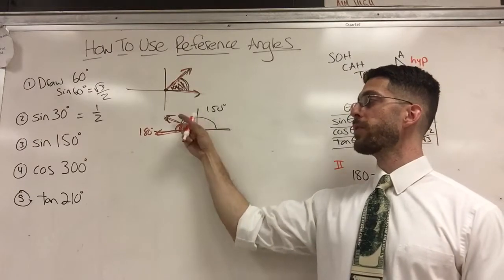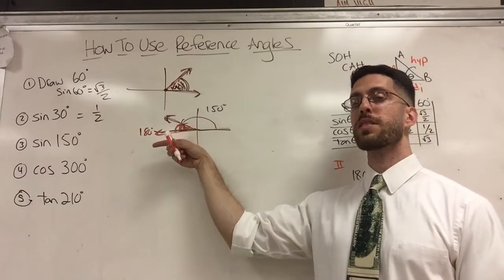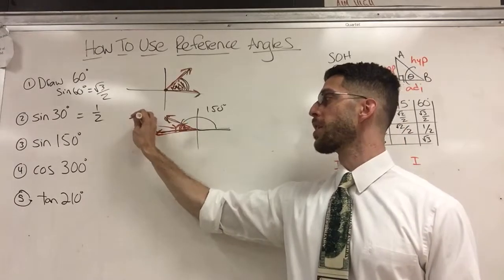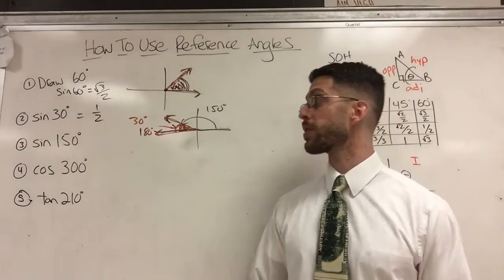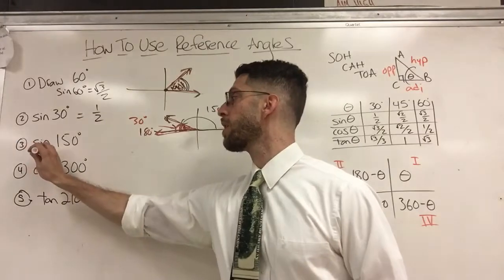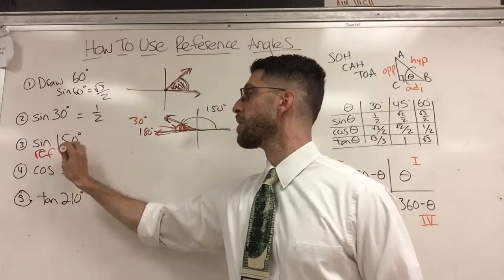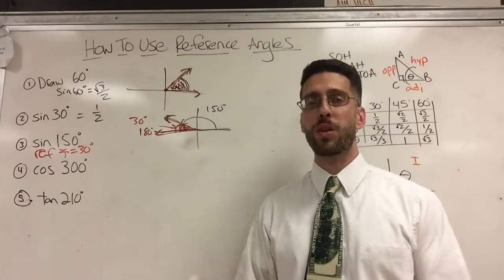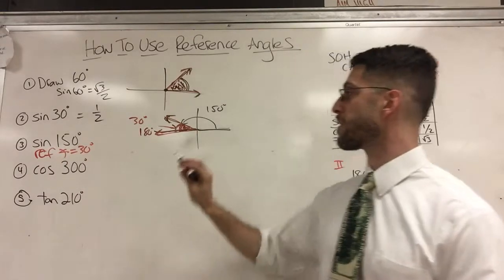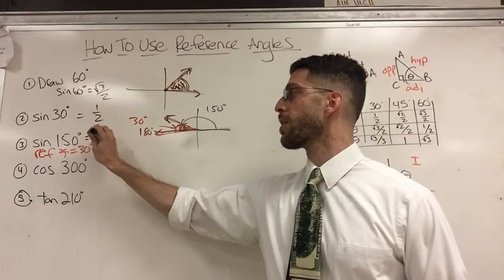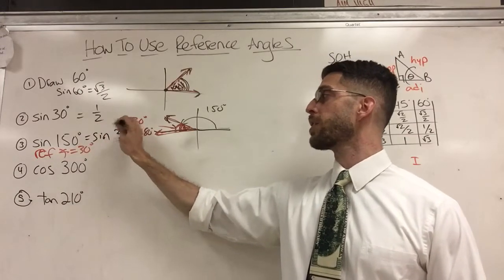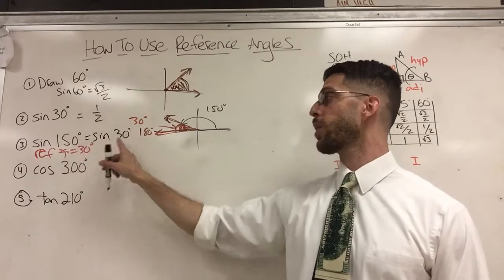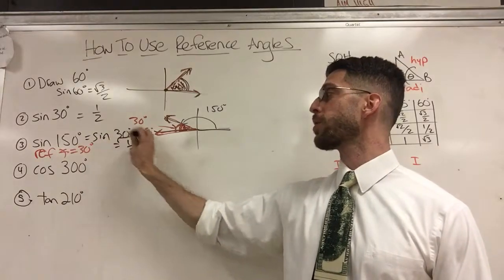Well, if this is 150, to get to 180, that's 180 minus 150. This little space here is 30 degrees. That's my reference angle. So if I'm asking for sine 150, you don't know, but you do know that it's the same as if I was asking you for the sine of 30 degrees. And oh yeah, we do know what that is. That's 1/2. So again, my answer is 1/2.